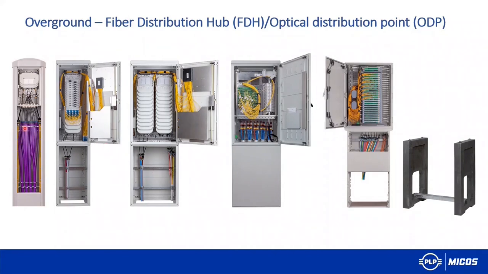Yes, you can see here the capacity of these pillars can be really wide. It can start from even four connections all the way to thousands, and this point can be FDH or ODP.